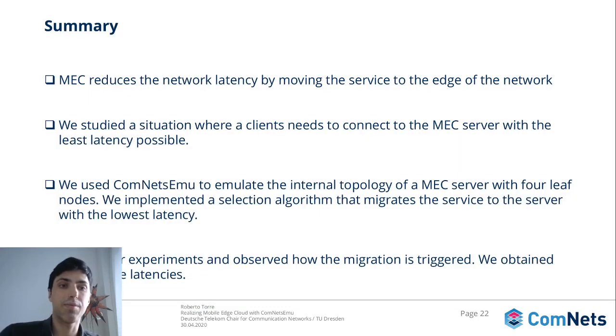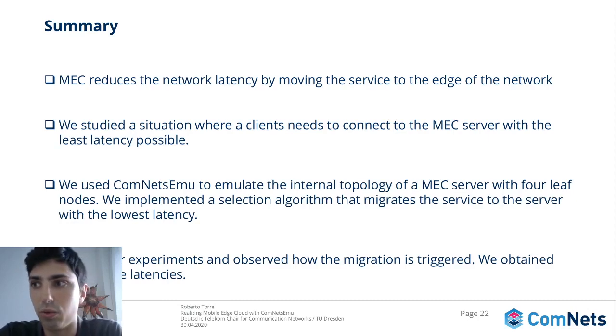So, as a summary, mobile edge computing or mobile edge cloud reduces the network latency by moving the service from the core network to the edge of the network. And we have studied this new situation where a client needs to connect to a MEC server, and wants it with the least latency possible.